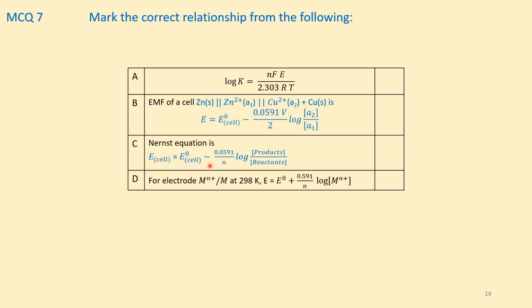Nernst equation is also given in terms of product and reactants. And option D for electrodes, Mn plus ne to M at 298, E is equal to E naught plus 0.0591 divided by n log of Mn plus. So you have to explain and mark the correct relationship.